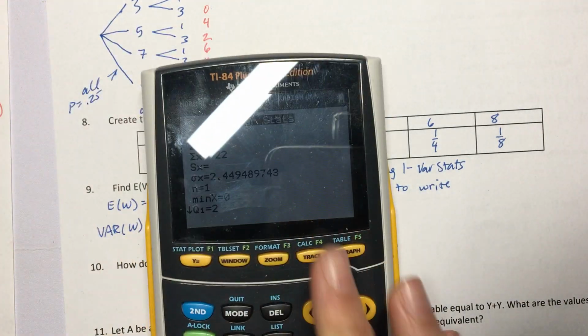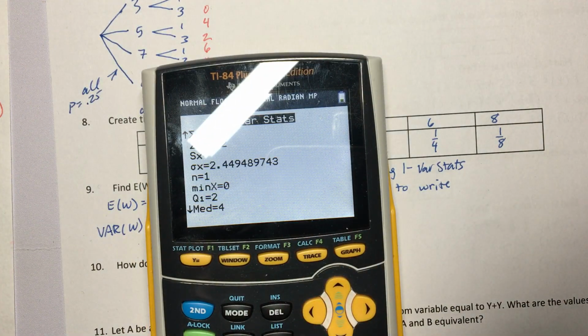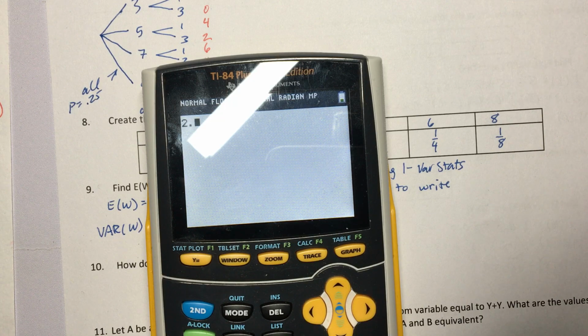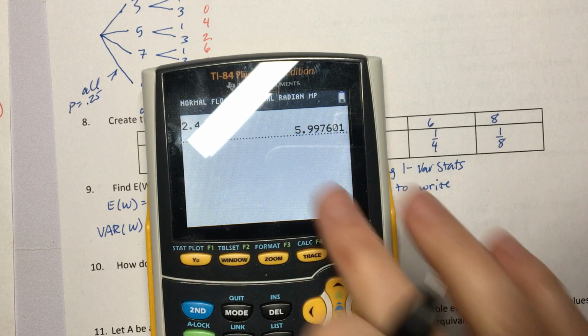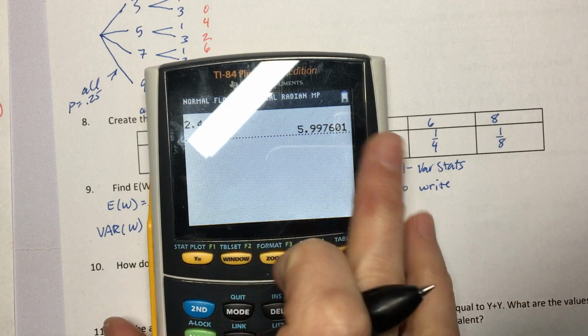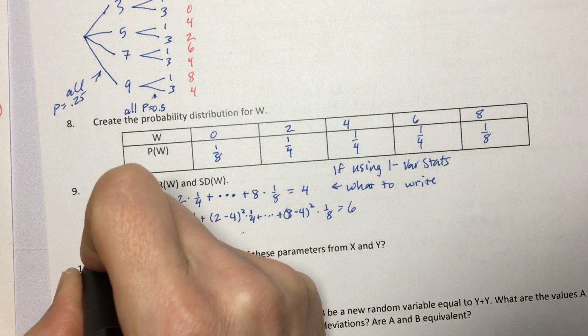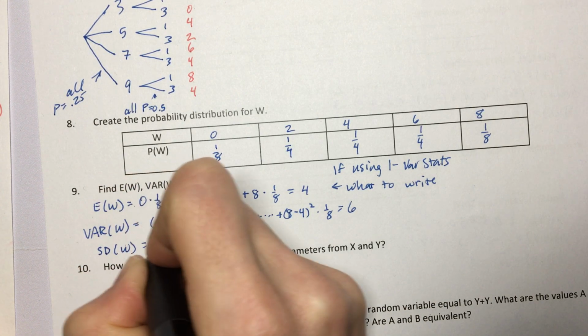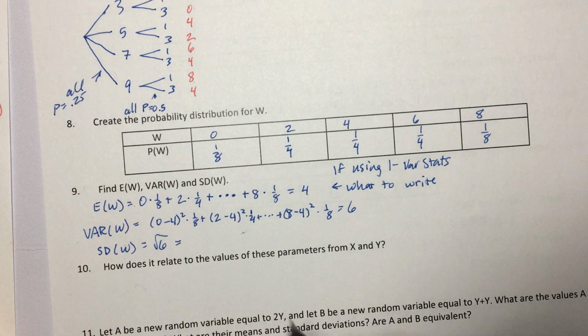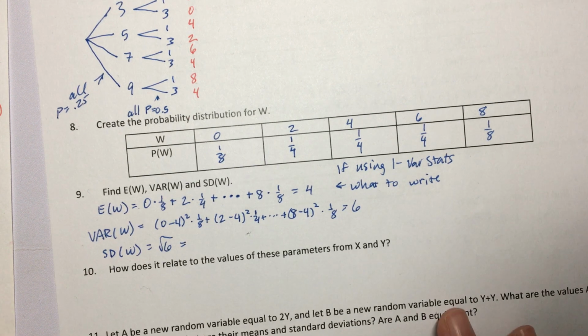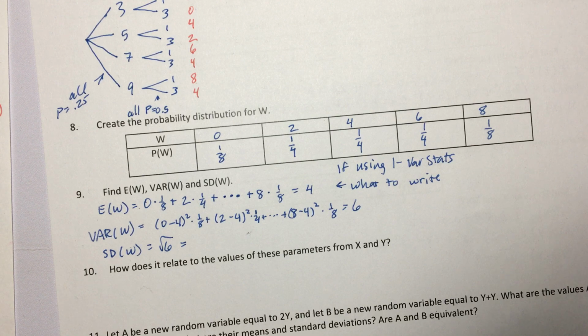And that was that 2.449. I know it went further than that. I'm going to square it. It gives me that 5.997. I can go, oh, that was really 6. So we have a variance of 6. And then our standard deviation of W is the square root of 6, which is that, I just forgot the number we had. Good job, me.